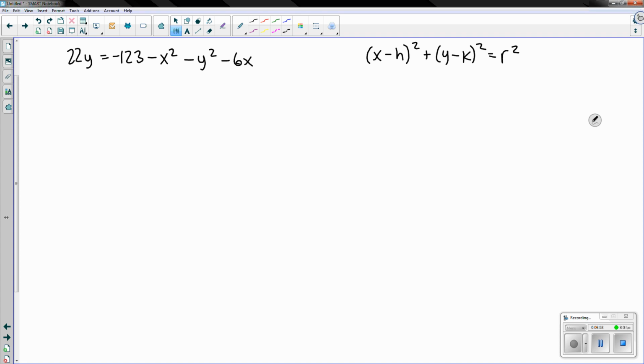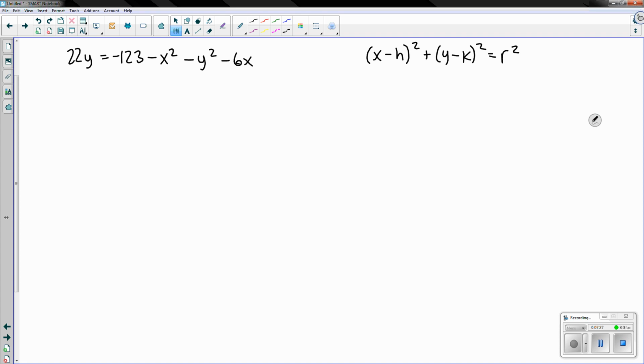We're going to handle the x squared and the x term as one problem, and the y squared and the y as its own separate problem. Now to do this, we saw that our general introduction was something of this form, x squared plus bx. And what we have in this example is not something of that structure.